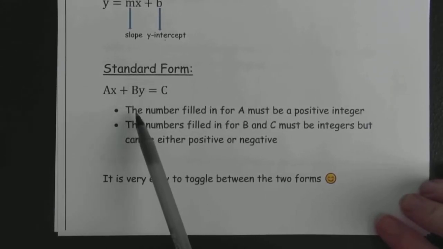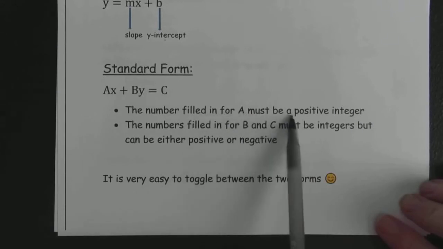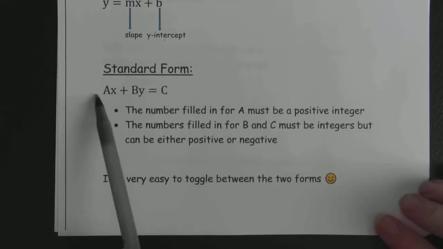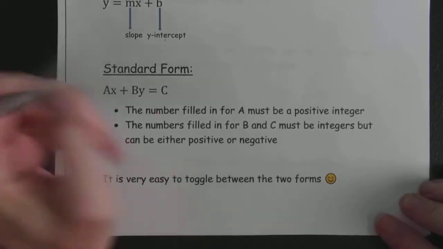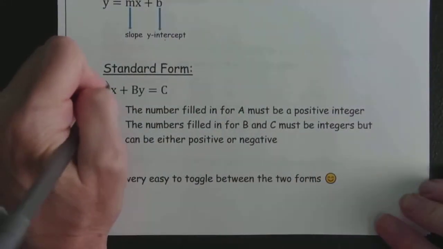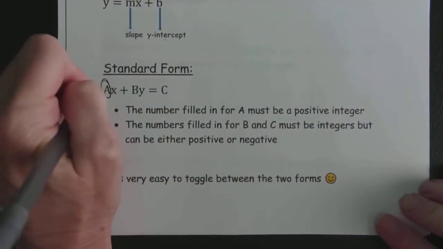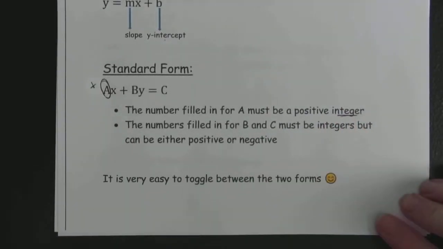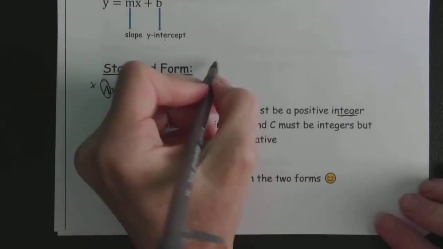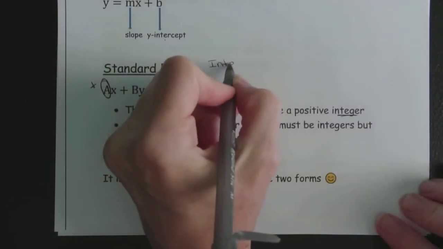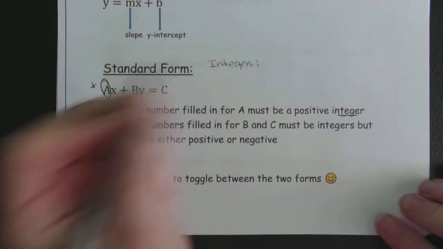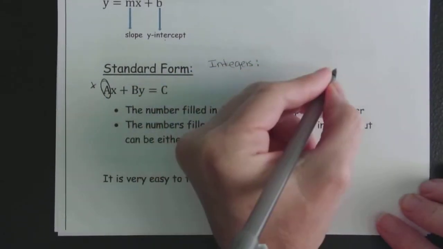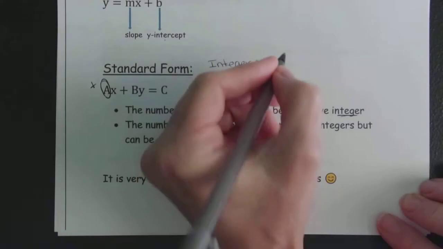Two bullet points here. First, the number filled in for a must be a positive integer. We have to remember what our integers are. Our integers from our former studies would be the whole numbers, both positive, negative, and zero.